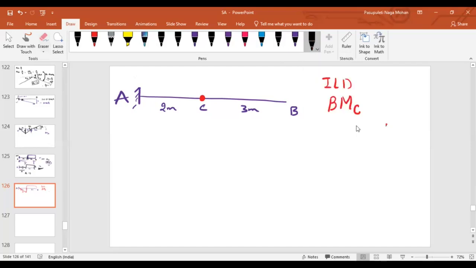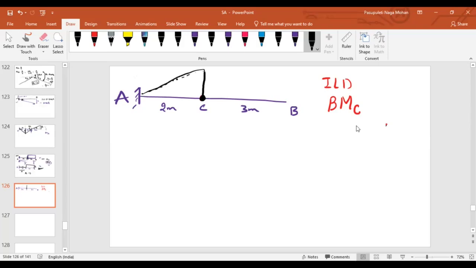Then, what we have discussed in the previous case: after placing a hinge, we have to move it by unit displacement, isn't it? With a magnitude of AB by L. If I want to move it in the upward direction, again come to the support A. If I want to deflect a shape like this, it won't work.